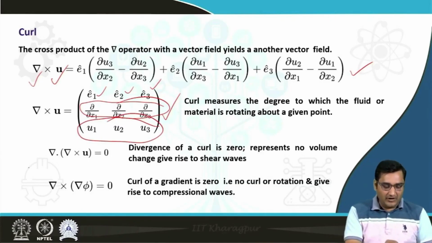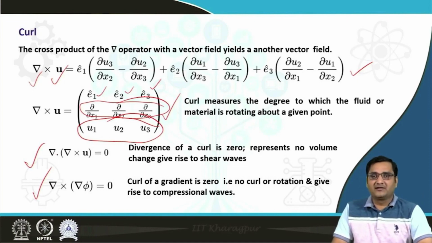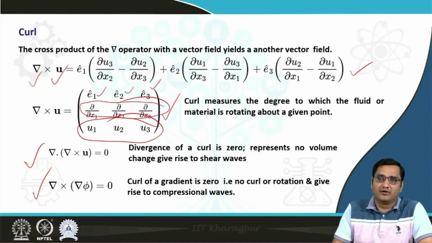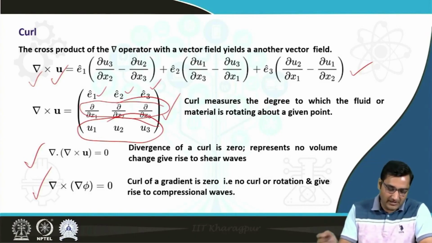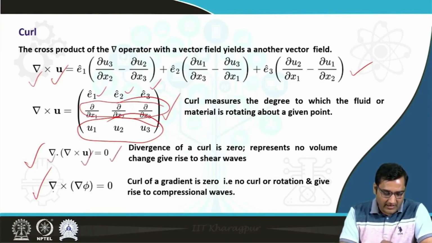And there are these two identities that one must remember, because they are going to be used in today's lecture to find the solution of the elastodynamic wave equation. These identities say that the divergence of a curl is 0 and the curl of a gradient is 0.